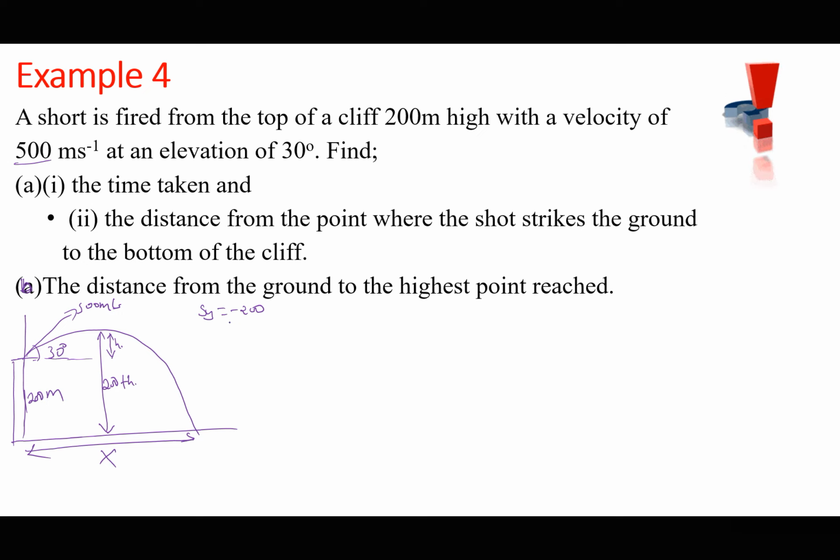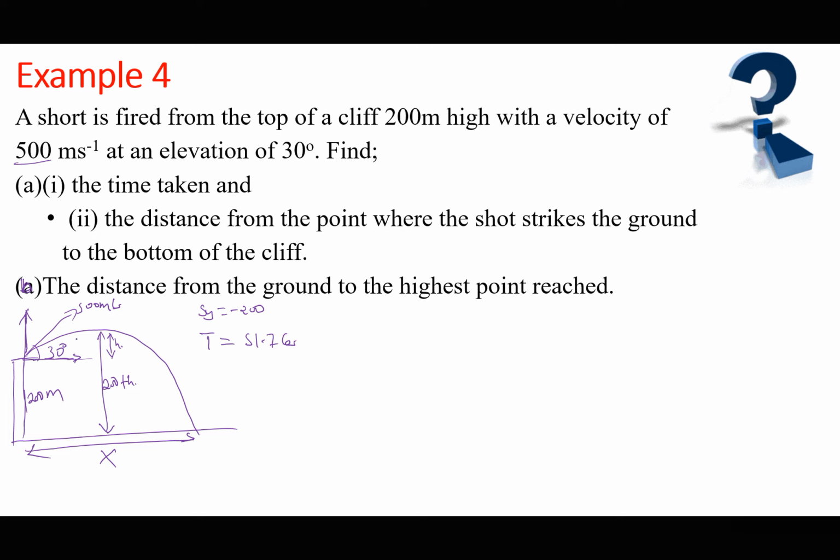From my calculator, I'm finding the total time for the whole journey as being equal to 51.76 seconds. Do not forget to resolve velocity in the horizontal and velocity in the vertical as we got in example 3. You should be able to do this if you are really following these lessons.